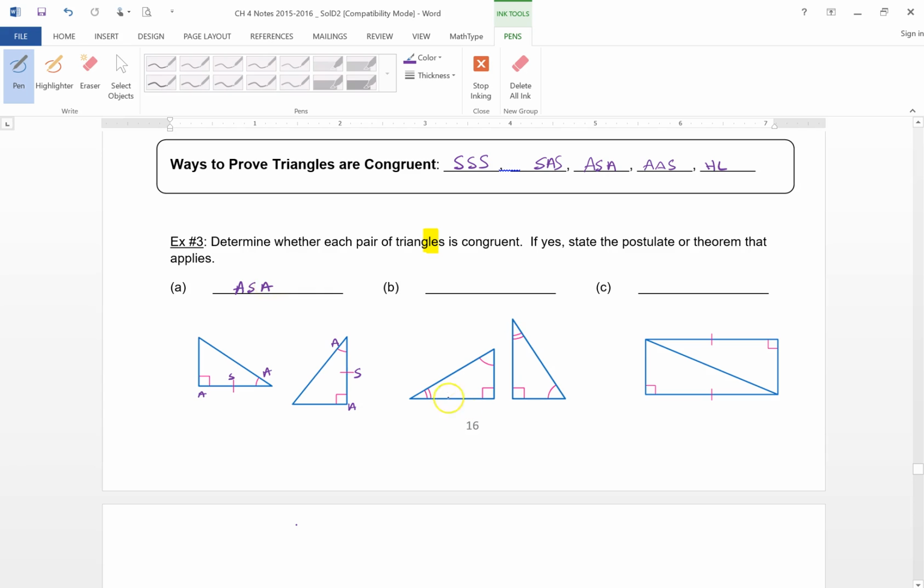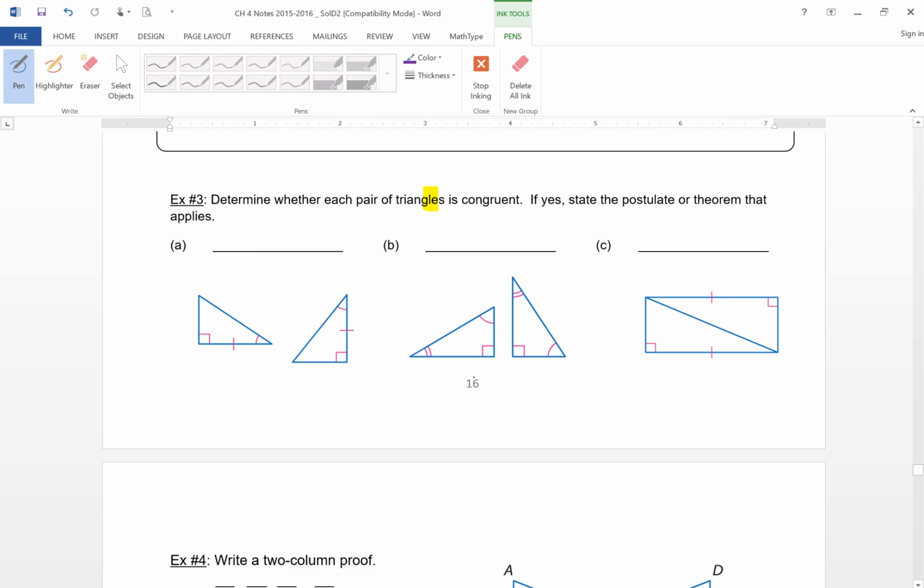Okay? Here, we have 3 angles congruent. Does that work? No. Right, one could be bigger, one could be smaller, so no sides congruent. So this is not possible. What about this one? I have a side, and I have another side. Is this SAS?